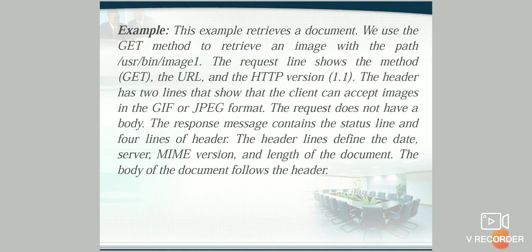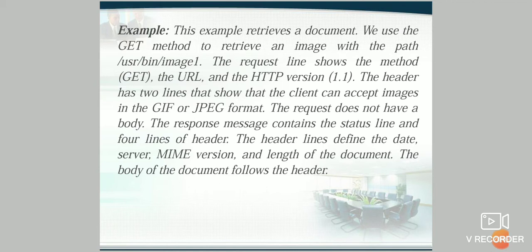The header has two lines that show that the client can accept images in the GIF or JPEG format, and the request does not have a body. So there is no need to define the body of the request message. So we don't focus on the body portion of the request message.